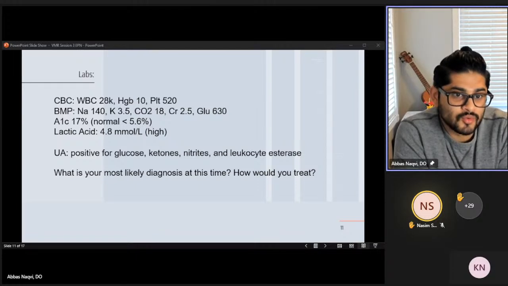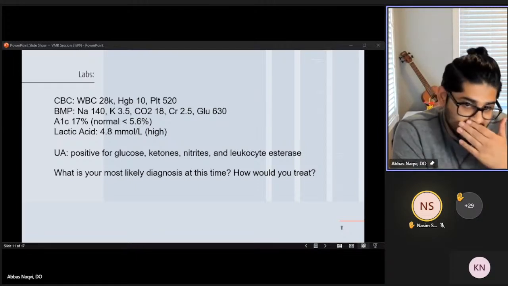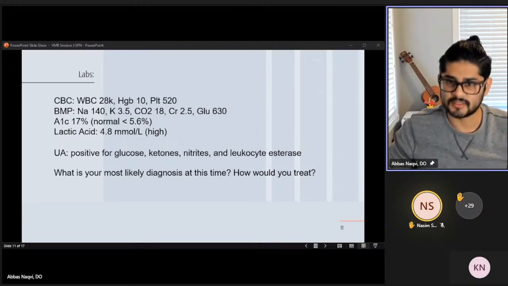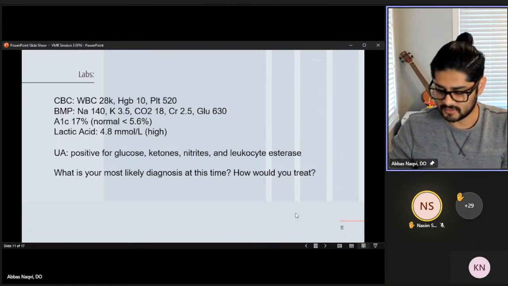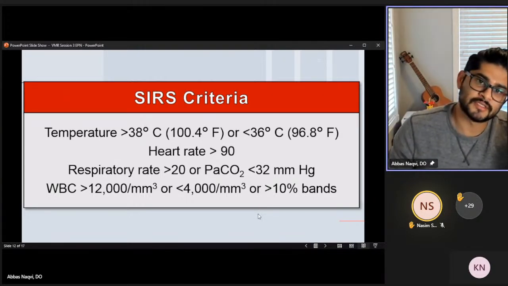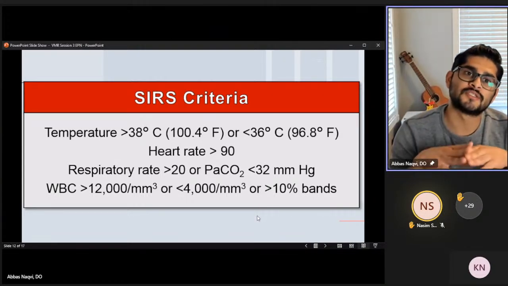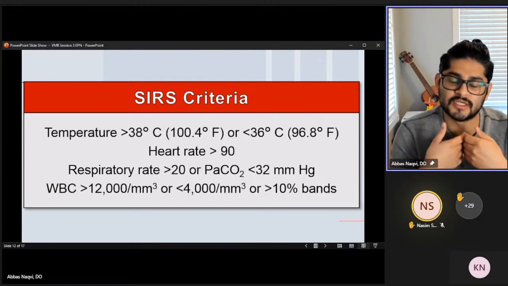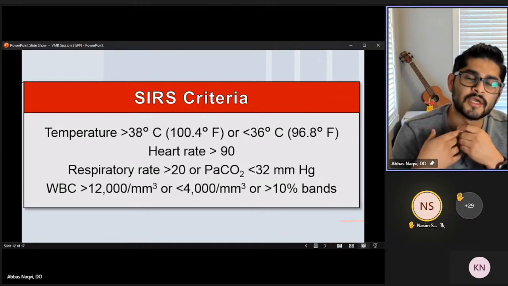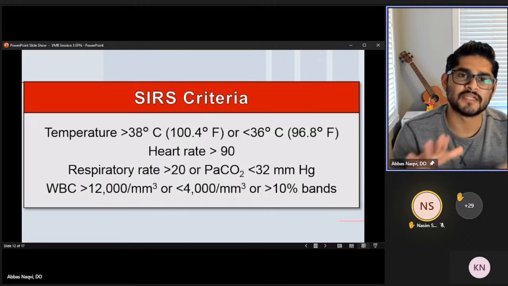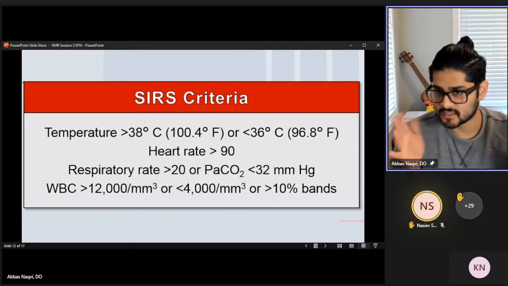But yeah, just in the interest of time, this would be considered sepsis because, let me see here, I think I have a slide on this. Yeah, so we look at something called the SIRS criteria. And this is a way to categorize the overall inflammation in a patient, right? So SIRS just gives us an idea, is this patient sick or not sick, pretty much.